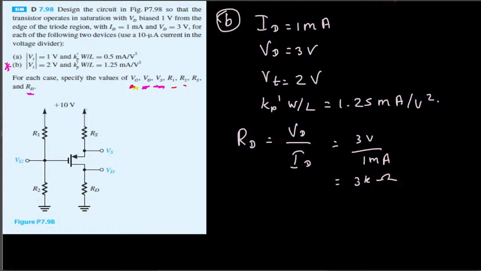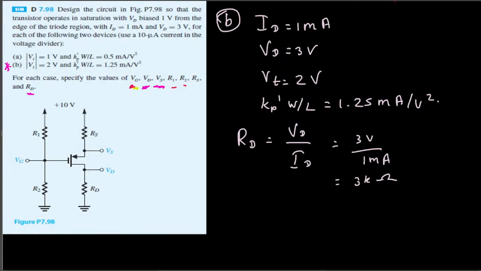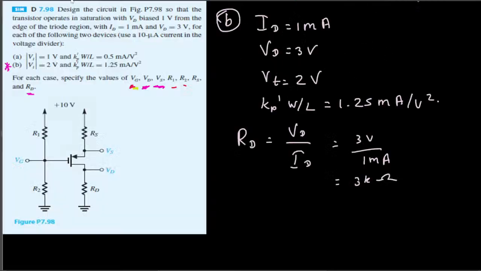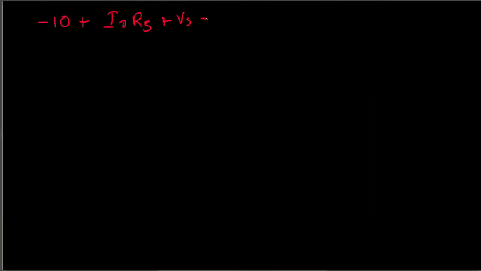So here, if we consider this loop, apply KVL, this is going to be minus 10 plus, and then RS, the current passing through this one is the drain current, ID times RS, and then plus the VS should be equal to 0, and minus 10 plus ID RS.